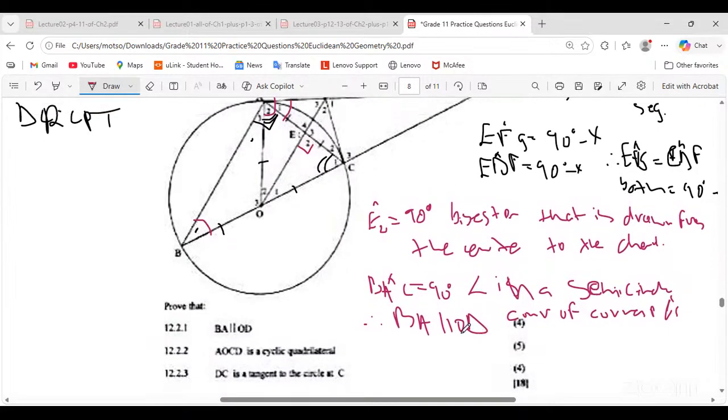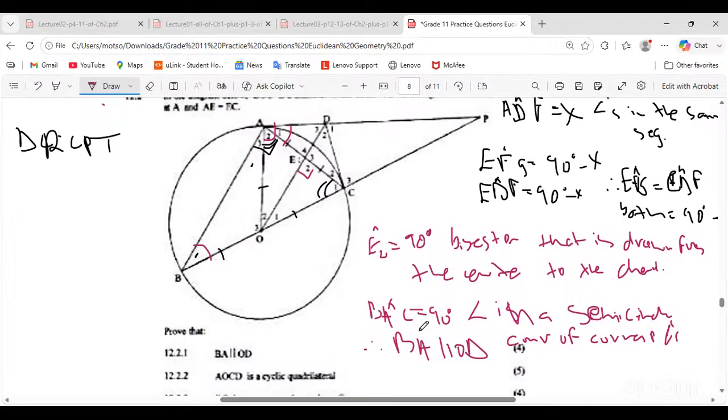Now, the next one, 12.2.2, we are required to prove that AOCD is a cyclic quadrilateral. If we draw a circle here, that will become a cyclic quad. What are the properties of a cyclic quad? Opposite angles of a cyclic quad are supplementary, angles in the same segment are equal, or the exterior angle is equal to the interior opposite angle.